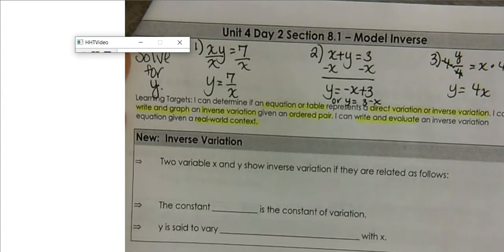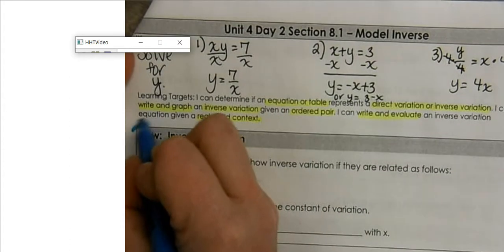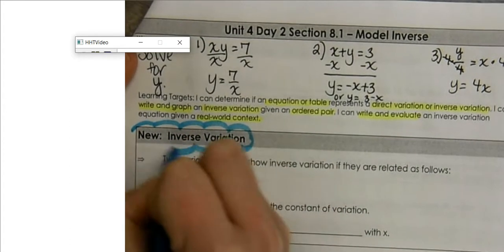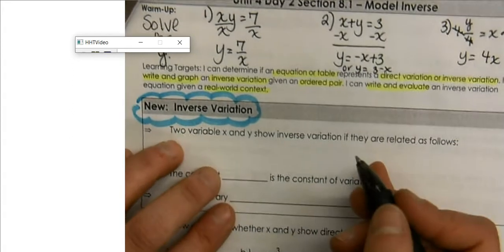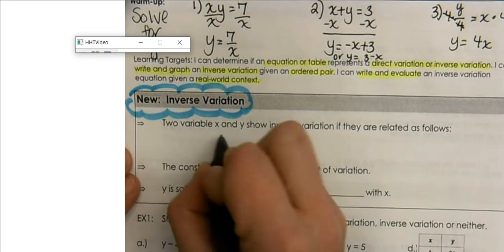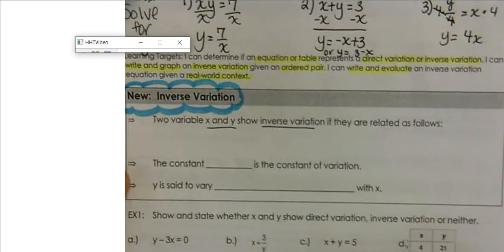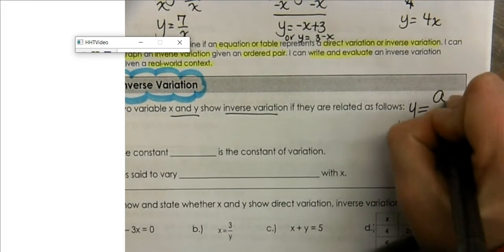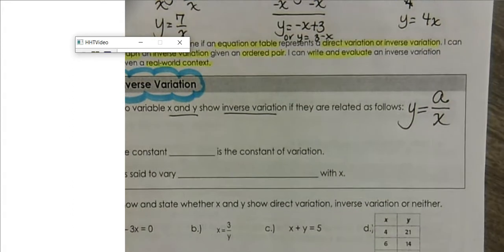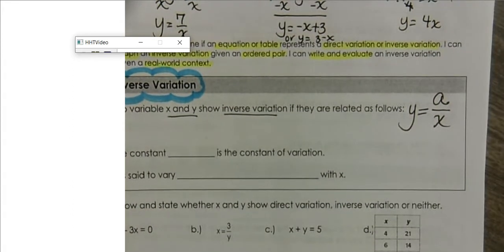So, in our last lesson, we learned all about direct variation, and that is where we had y is equal to a times x. Well, for inverse, think of what's the inverse operation to multiplication. Well, that's division. And if you have two variables, x and y, that show an inverse variation, they are related as y is equal to a divided by x. So instead of times x, we're dividing by x.